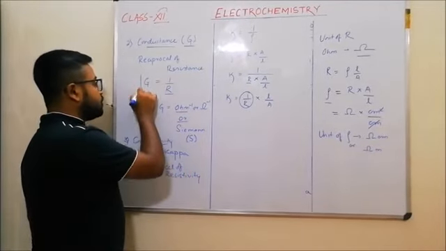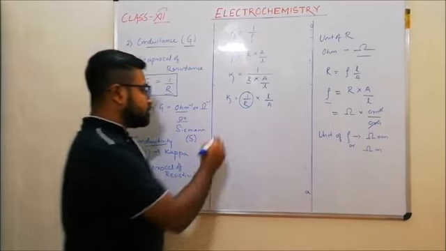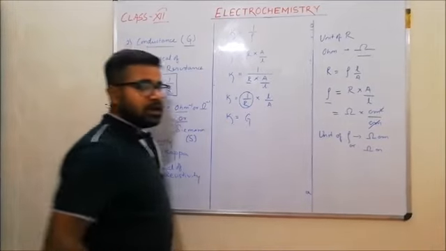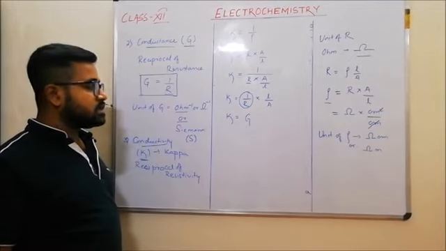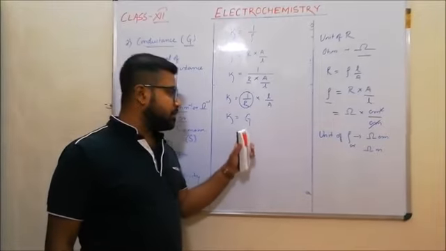Here I have told you what is 1 by R. 1 by R is equal to conductance. So kappa can be written as G, capital G. Okay, that is the conductance. 1 by R is the conductance. That's why we are writing it as a capital G.